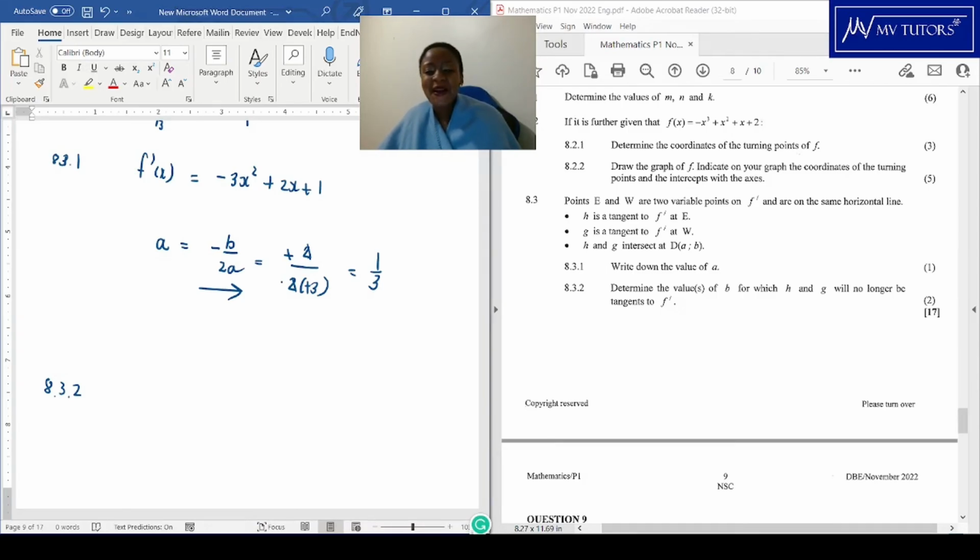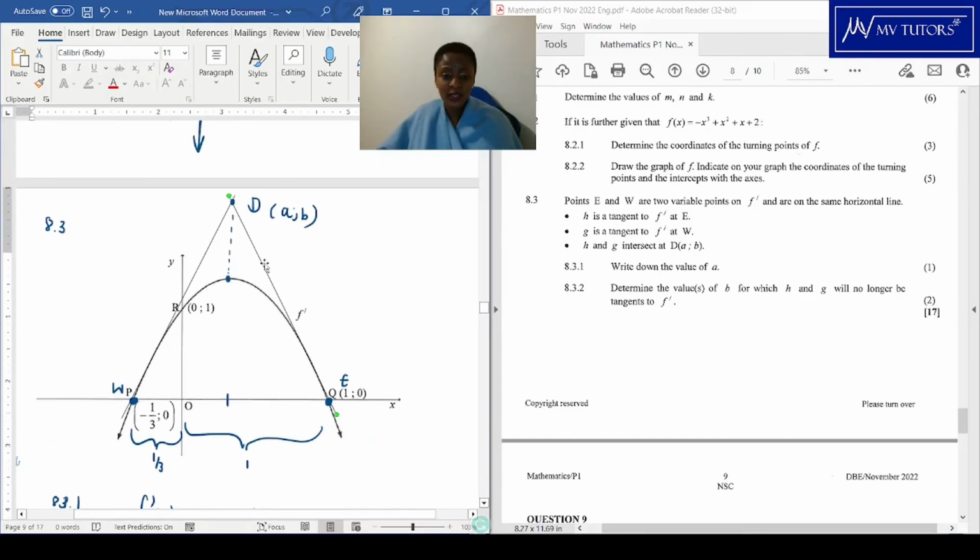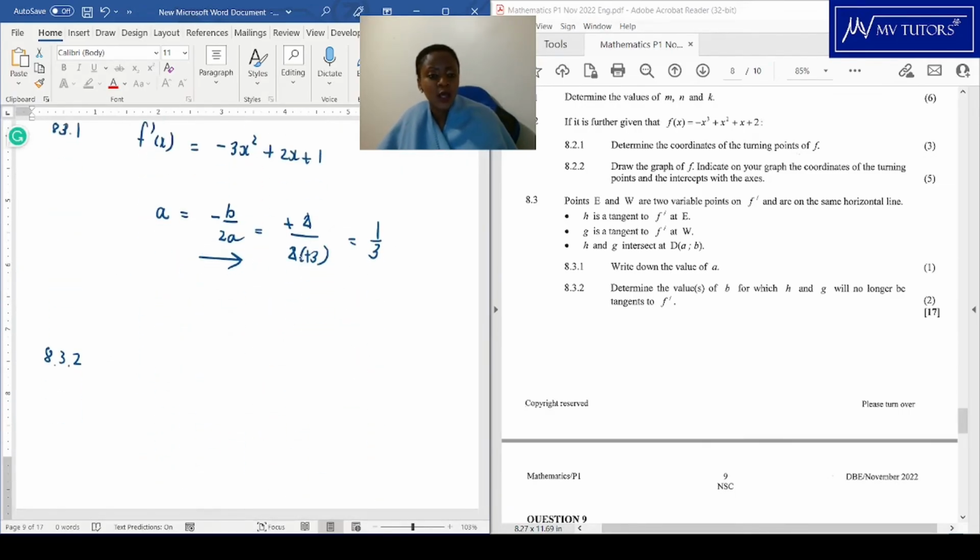All right, 8.3.2, determine the values of b for which H and G will no longer be tangents to f. Okay, let's look at our tangent lines over here. When would they not be tangents? Okay, firstly, let's get the value of b. B is the y value. Okay, so the y value, if we then take negative 3 and plug in A, which is a third, squared, plus 2, a third, plus 1.